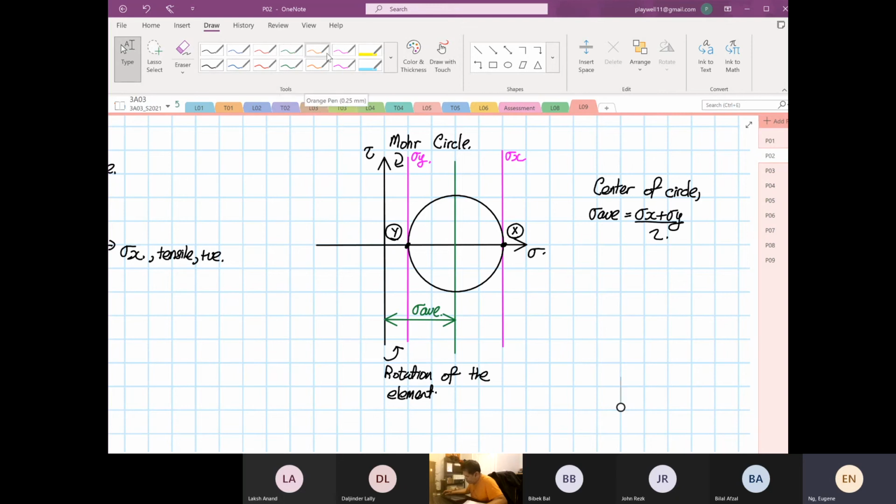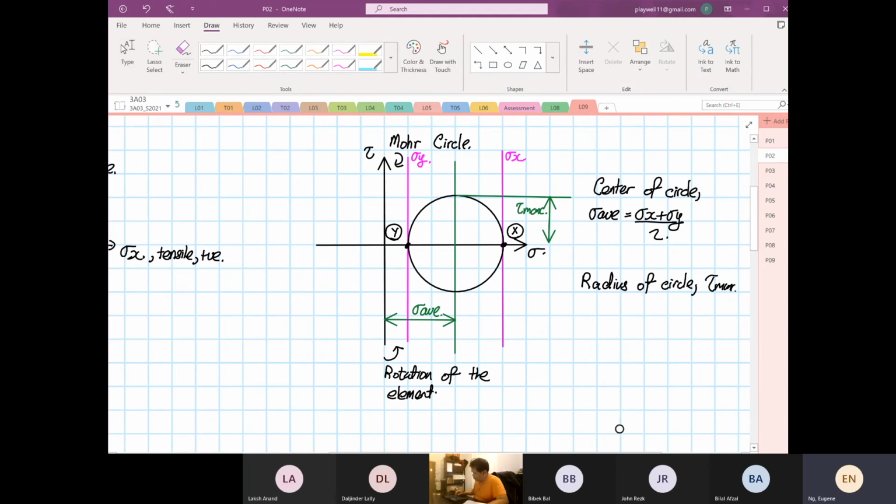This height over here is tau max, and you realize the radius of the circle is known as our tau max.